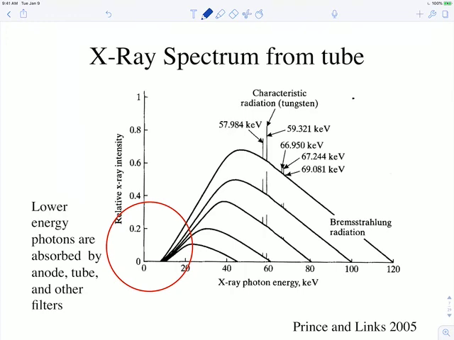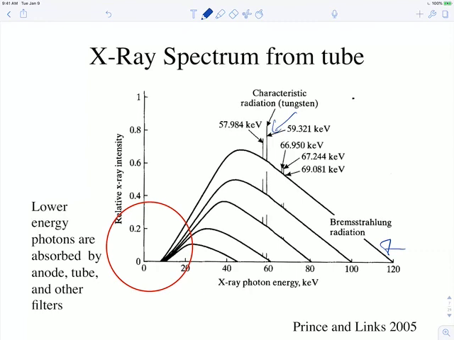So typically, what we look at is the X-ray spectrum from a tube. These sharp lines here are the characteristic radiation. That's due to knocking out an electron and then another electron dropping down, and that transition gives you these sharp lines. All this other stuff, these bigger curves here, are the Bremsstrahlung radiation. So that's the major source, and it's over a broad spectrum.